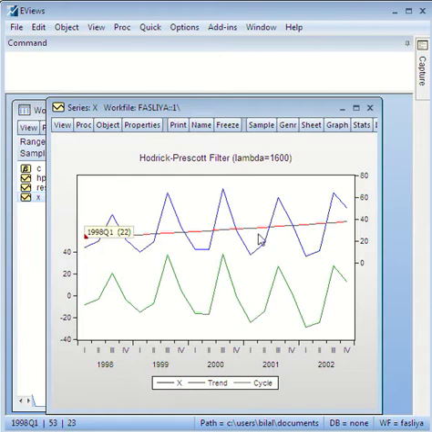If there is a trend component, we have to remove the trend component to detect the seasonal component. We see that our series doesn't have a trend component, and we can make sure by estimating the trend component with this model.